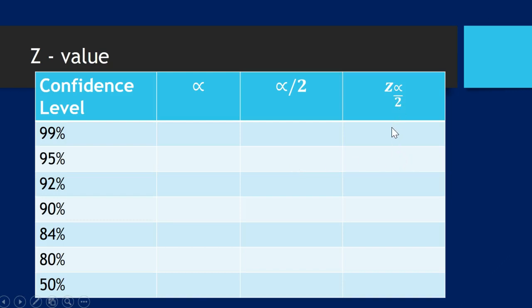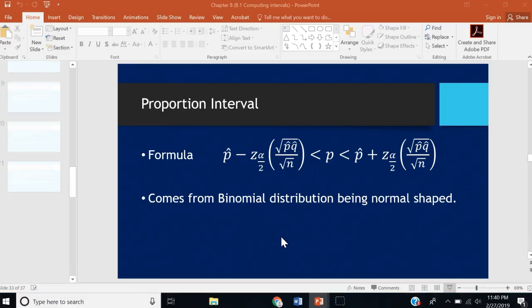And then to find your z-value, you just do inverse normal of 0.025. And then obviously on a standard normal curve, the mean is 0, standard deviation is 1. And the z-value came out to about 1.96. So again, you can go back and check how we created that table, how we came up with all the alphas and alphas over 2's.